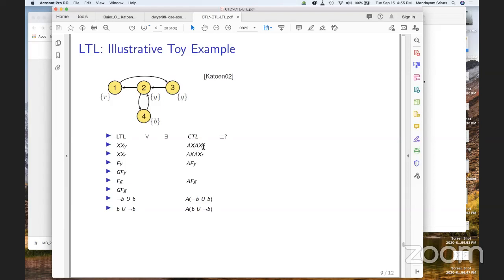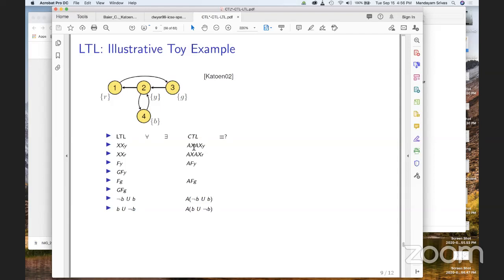So what does this AXAXY say? It says that this is true of a state, okay? All CTL formulas are true of a state, okay? Now here also this is true eventually of a state, but for all paths. So this is true of a state for all those states for which every path from that state, the next state, AX means every next state from that state.